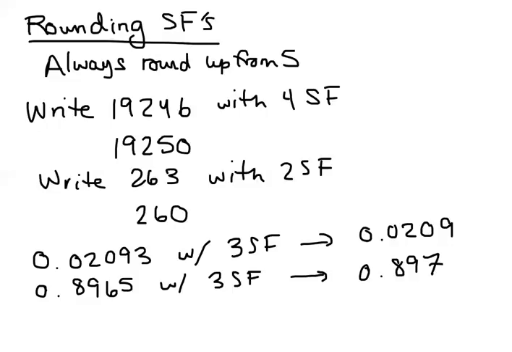And my final example here is writing 0.8965 with 2 significant figures. In this case, we're going to round up from 6, but we're at a 9, so we're going to have to turn this into 0.90.